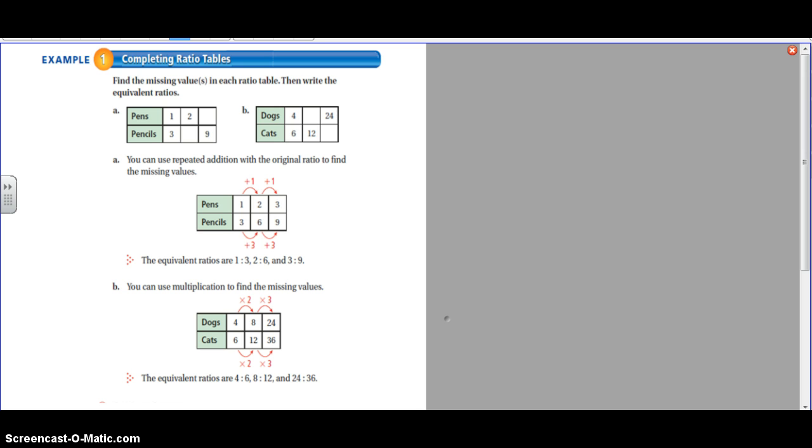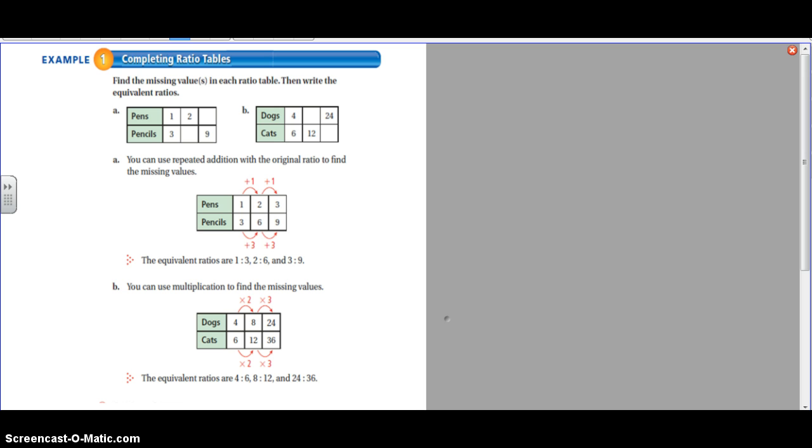In B, here you have dogs to cats. You also can use multiplication to find the missing values. In this case, they did 4 times 2 is 8. 8 times 3 is 24. Multiplication.